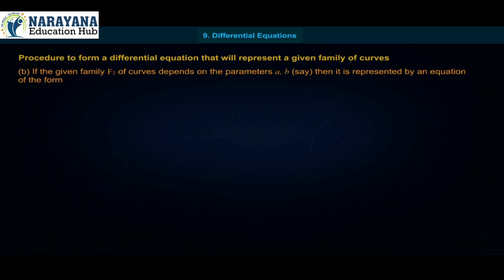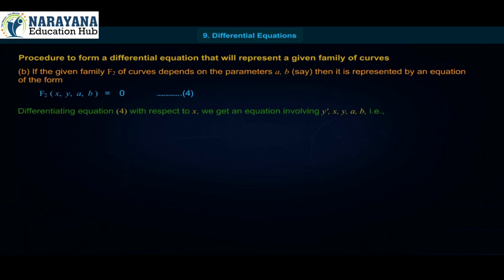Equation 3. B. If the given family f2 of curves depends on the parameters a, b, c, then it is represented by an equation of the form f2 of x, y, a, b is equal to 0, equation 4. Differentiating equation 4 with respect to x, we get an equation involving y dash, x, y, a, b.